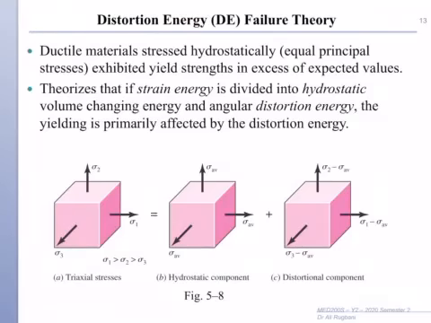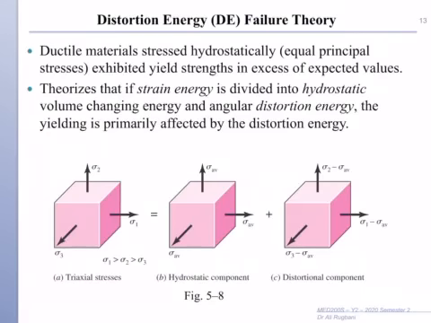Still looking at ductile material, and this is the second theory that can be used for ductile material, which is distortion energy theory. This theory gives more accurate results than maximum shear stress.